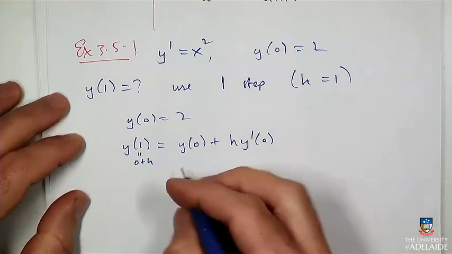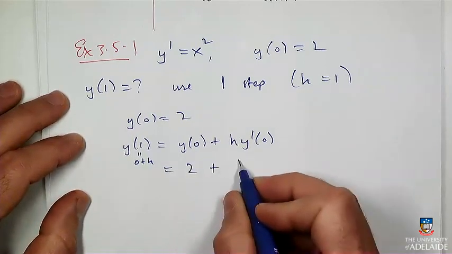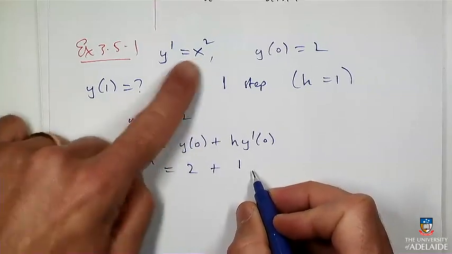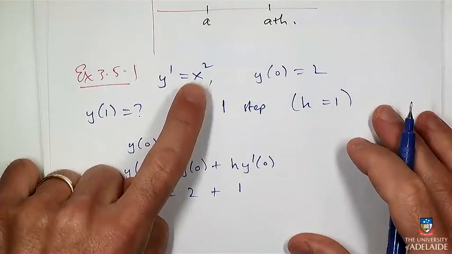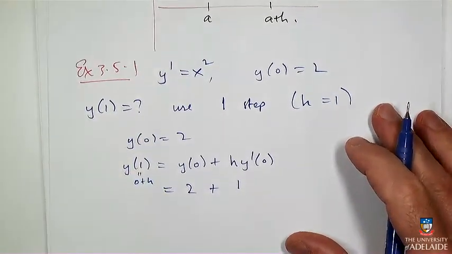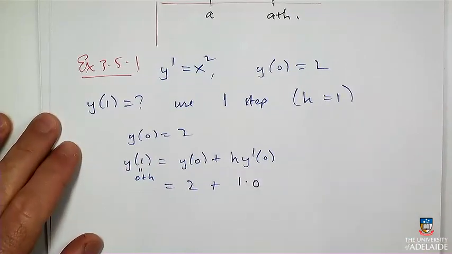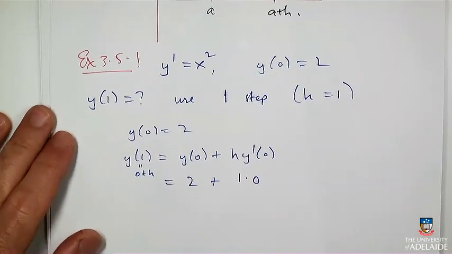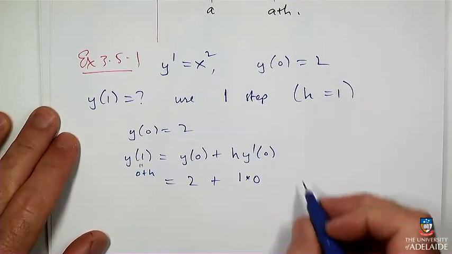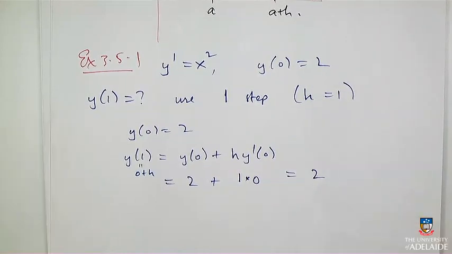So what are these values? y of 0 is 2, h is 1, y dash of 0, we put a 0 in there, you get 0 squared. This is 1 times 0, so it's 2. So that's our guess. Actually, our guess is the same as its value at 0.